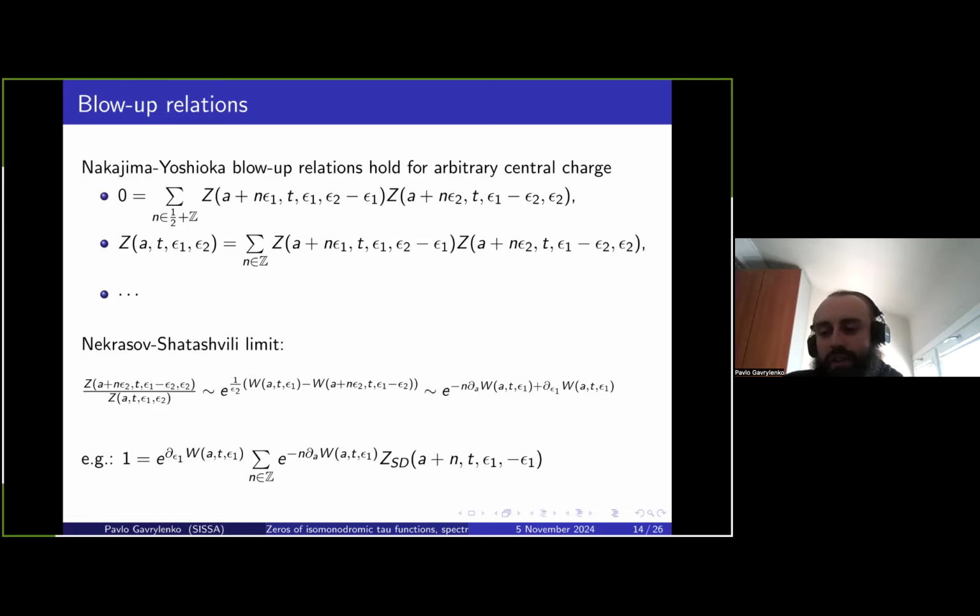And another way is to use a localization formula on this blown up surface and localize to two different fixed points. And these different epsilons correspond to the action of the vector field used in this localization in the vicinity of two new fixed points on the blow-up.